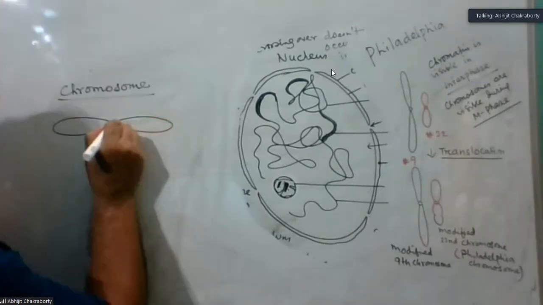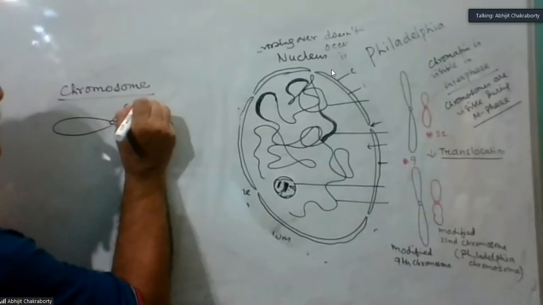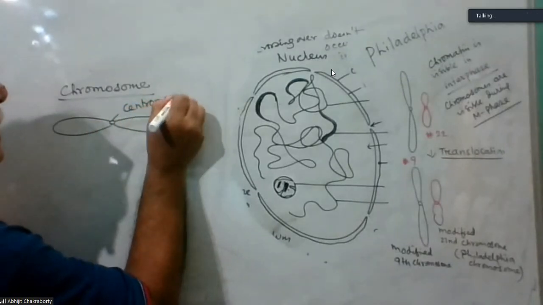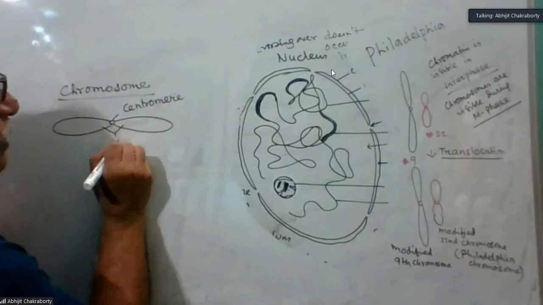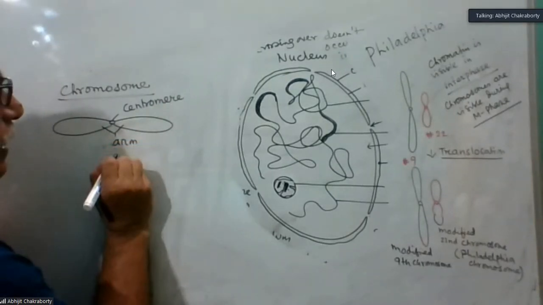One thing. Normally this is a chromosome. This is called the centromere. These are actually chromatids; actually arm, you can write and call chromatids.